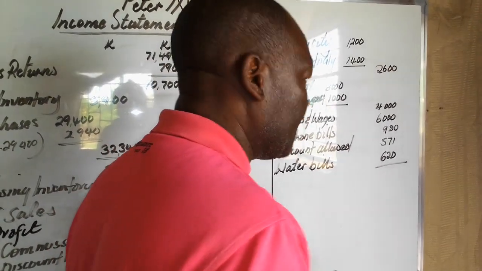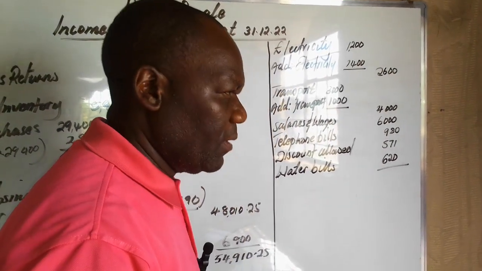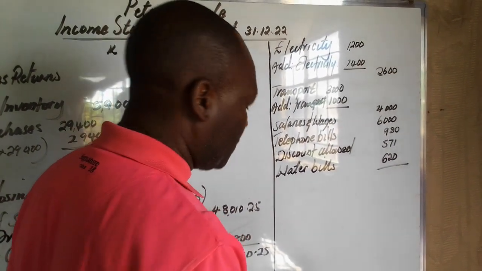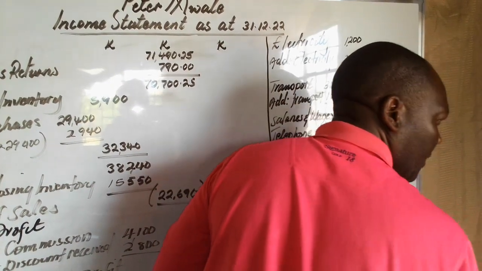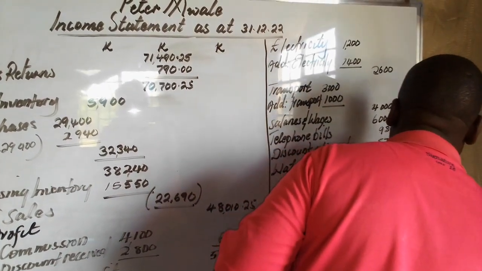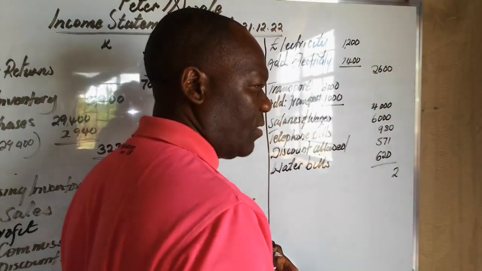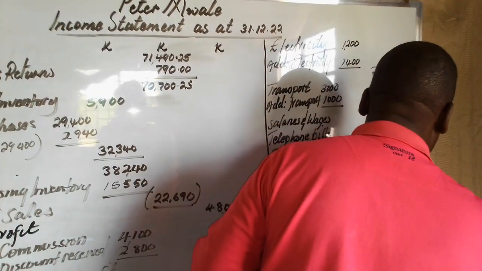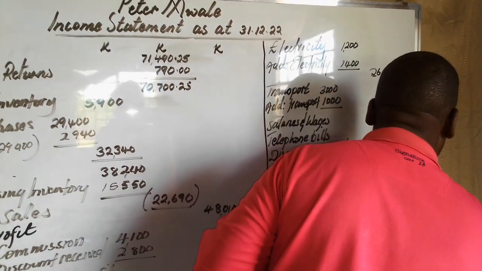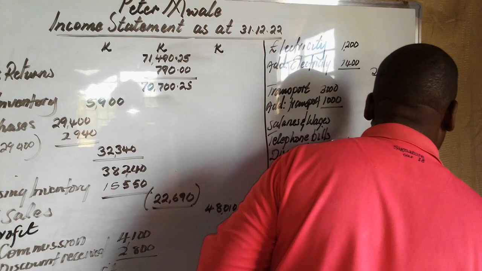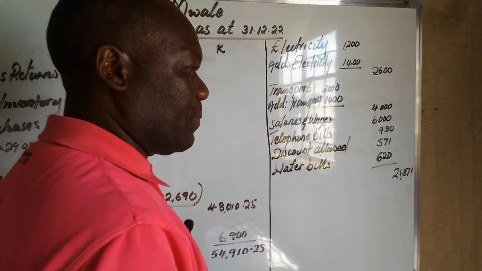Okay, my total expenses comes to 21,871. Okay, this is the total expense.